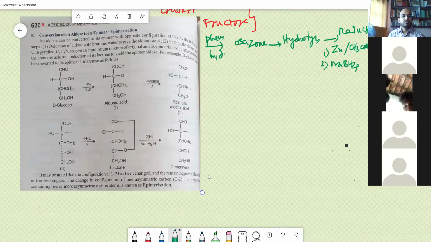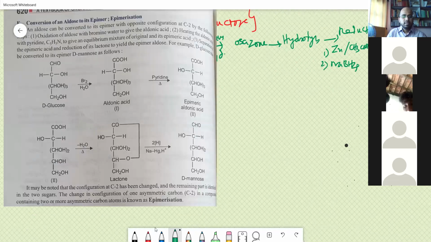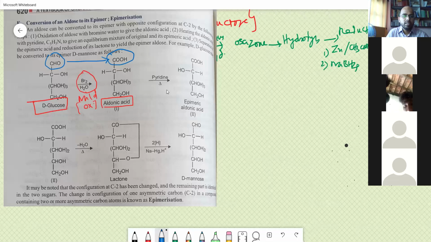Okay, so what is happening there? I'll just say you are using glucose and you're using a mild oxidizing agent, and you're getting aldonic acid. This aldonic acid has converted CHO into COOH. Then you're using pyridine.